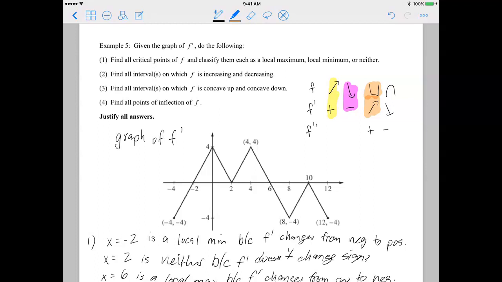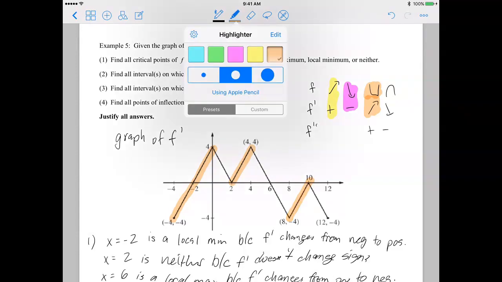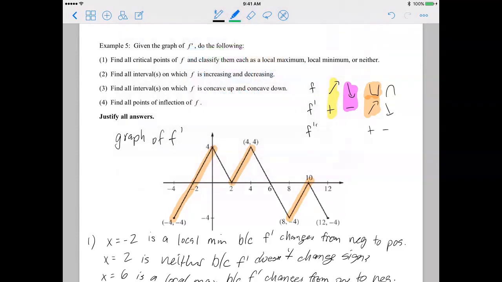Well, to put it simply, that's wherever the graph of f prime is going up. So that would be from -4 to 0 here, from 2 to 4 here, and then also from 8 to 10. Okay, and then where is the graph of f concave down? Well, that would be wherever the derivative is decreasing, and so that's going to be every other part here, which is from 0 to 2, and from 4 to 8, and from 10 to 12.